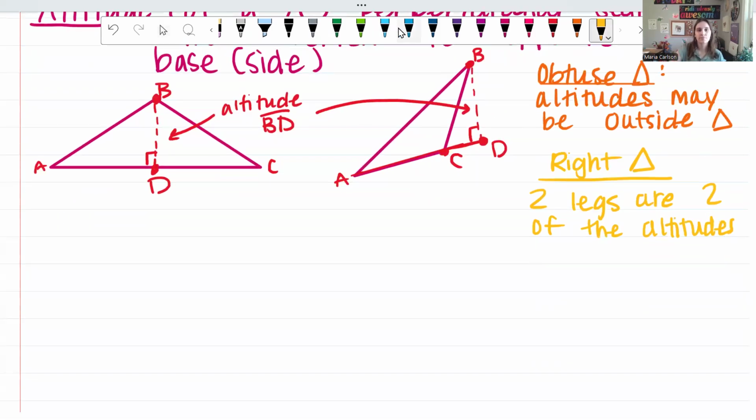So bringing this all together, what then is the orthocenter of a triangle?